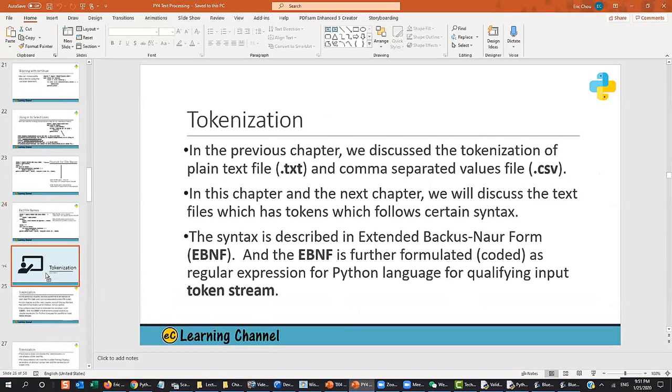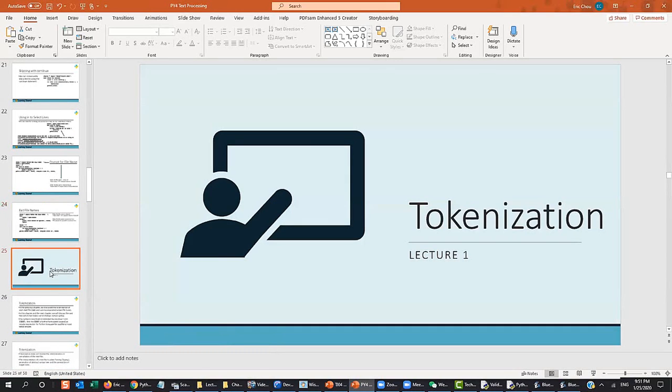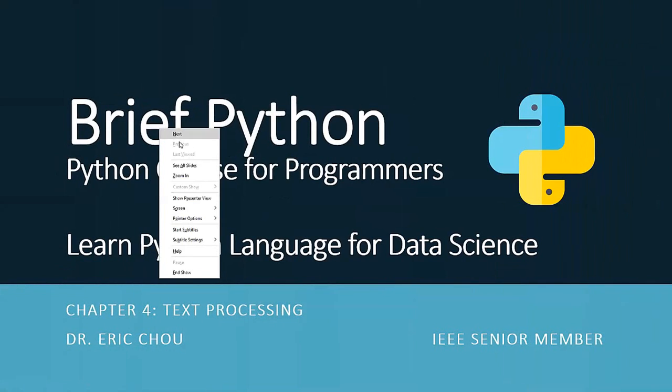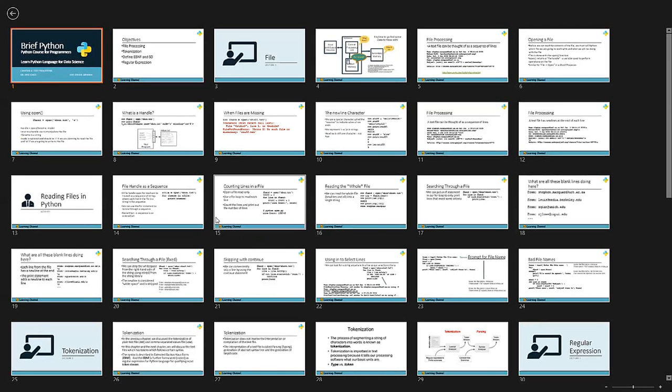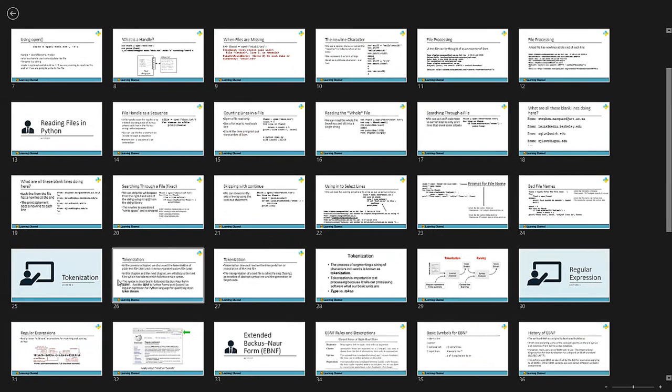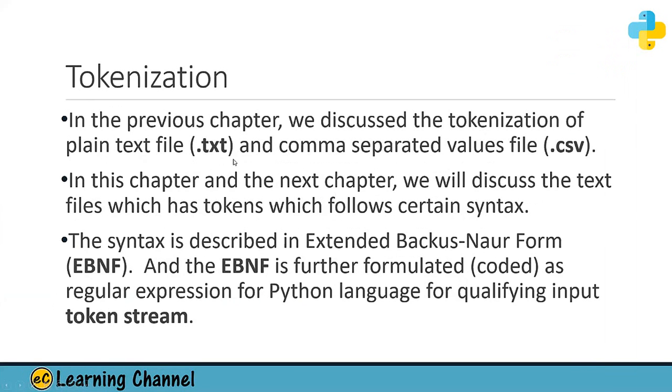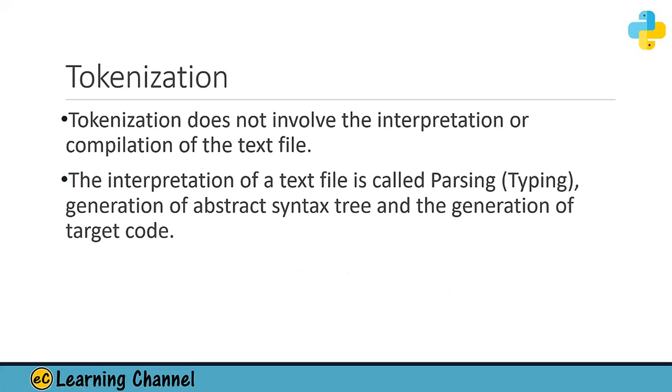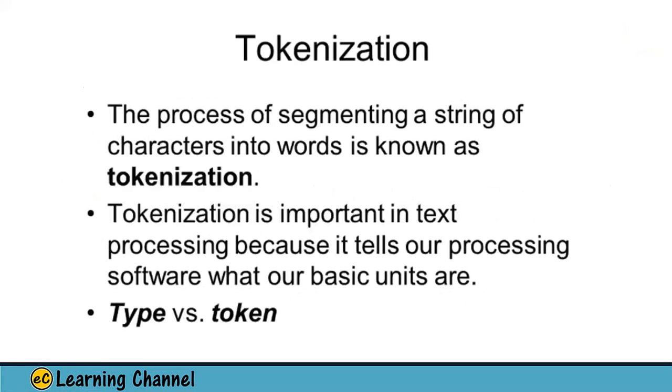Next one will be tokenization. So what is tokenization? Tokenization means you start to process a text file. The first one is extended Backus-Naur form. Backus-Naur form is used to process your data while you do tokenization.